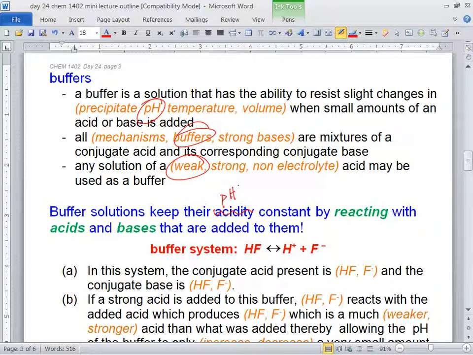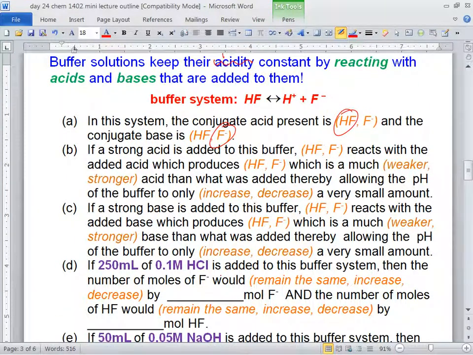In this system, the conjugate acid is, Mia? HF. And everybody, the conjugate base is F minus. Okay. If a strong acid, Andromeda, we're going to add a strong acid to the buffer, then what would react with that acid, HF or F minus? If we add a strong acid, what reacts with acids?